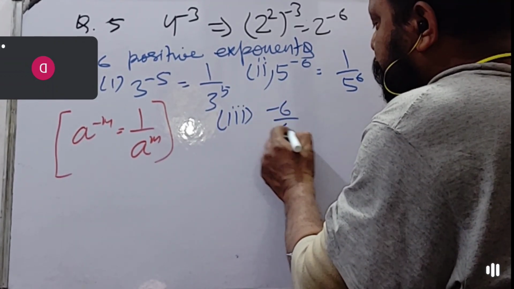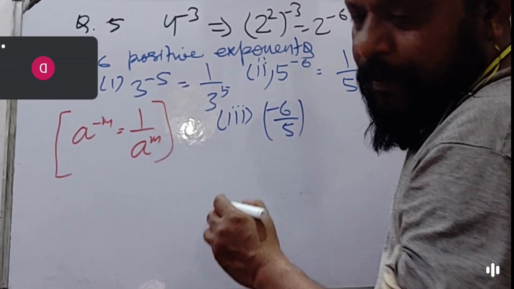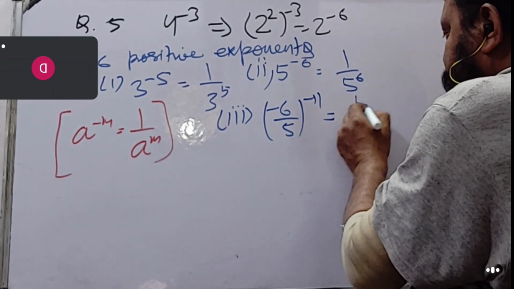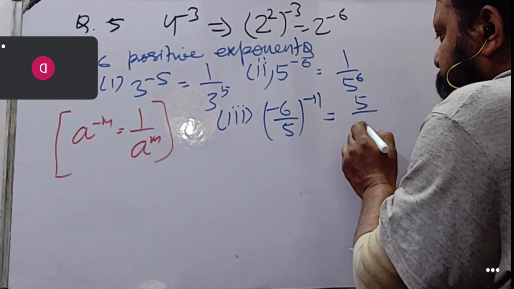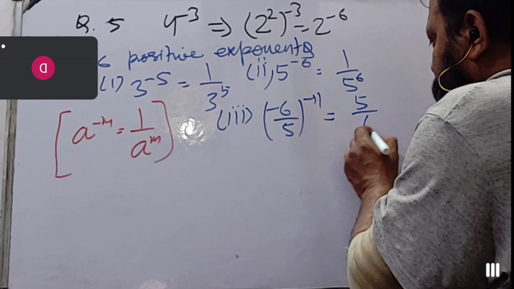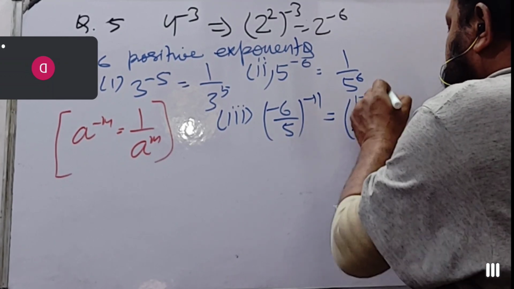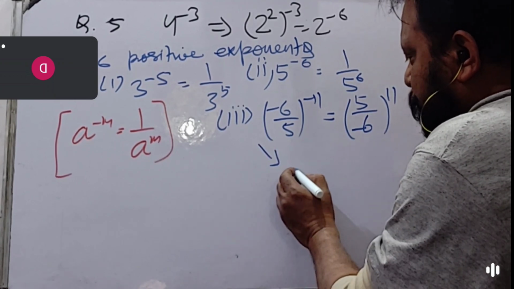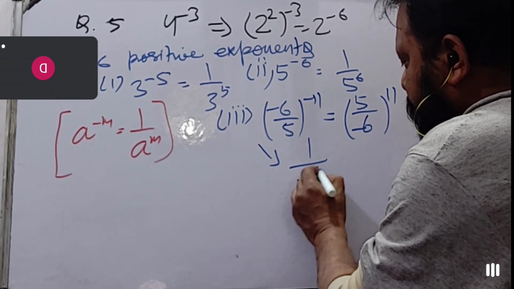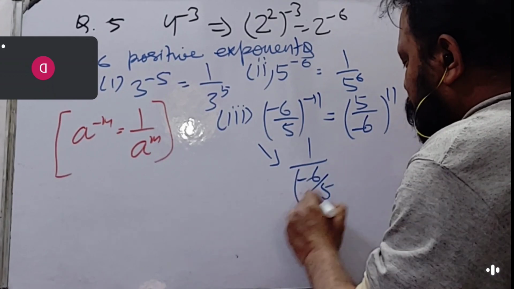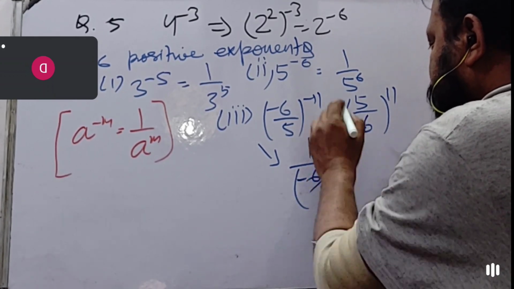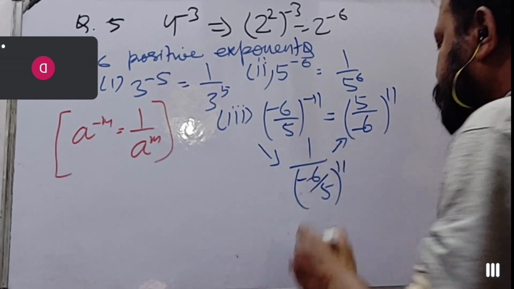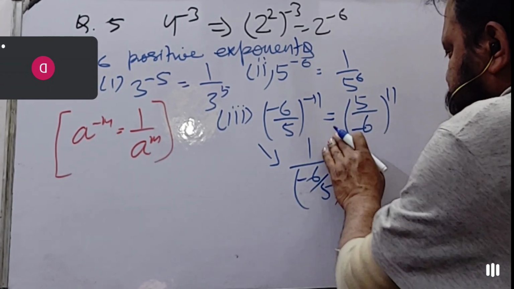Minus 6 upon 5 whole raised to the power minus 11 can be written as 5 upon minus 6 raised to the power 11, right? It is like this, that you wrote 1 upon minus 6 upon 5 whole raised to the power 11, which converts, it becomes reciprocal.